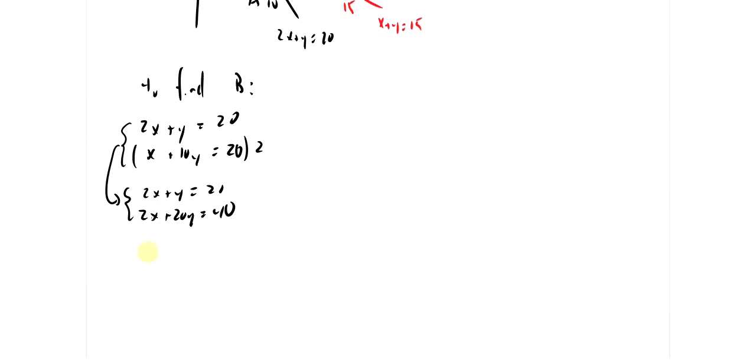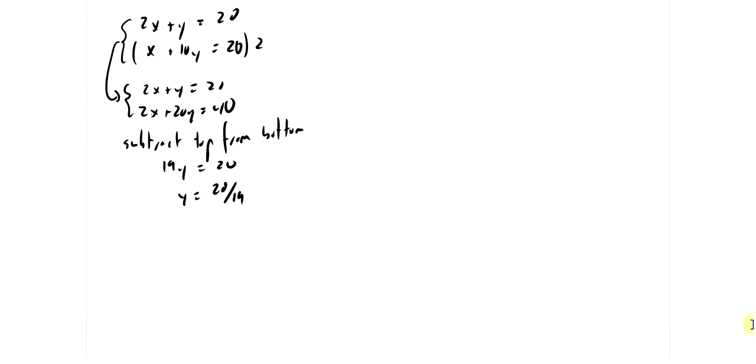So I'll subtract the top from the bottom. 2x minus 2x is 0x. 20y minus y is 19y. 40 minus 20 is 20. So y equals 20 over 19. Great. So what's x? I'll plug y into the equation.